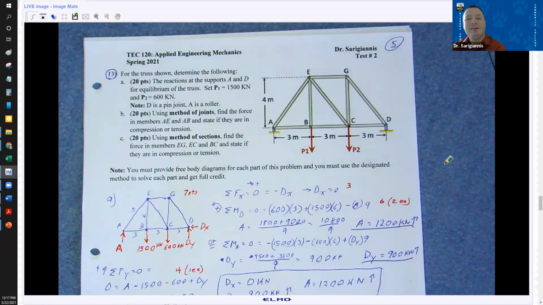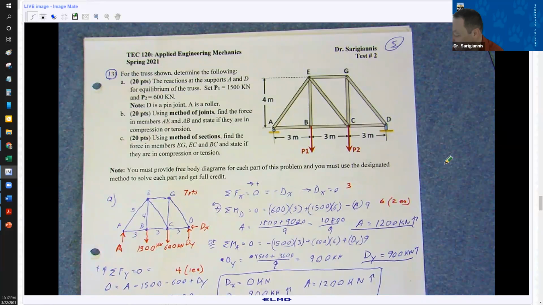All right, truss. This one was very interesting to grade as well. I broke it into sections. And for part A, you did not have to break this thing apart. Some people were taking this thing apart, trying to figure out the reaction forces, and that's not the way you do it, right?